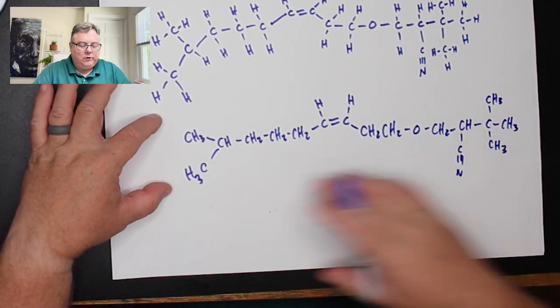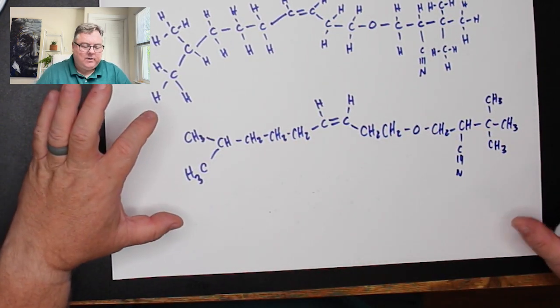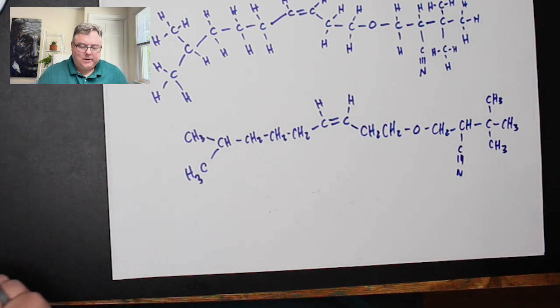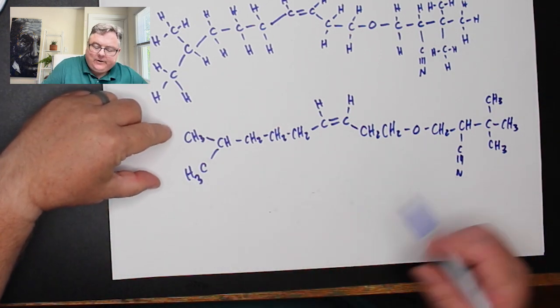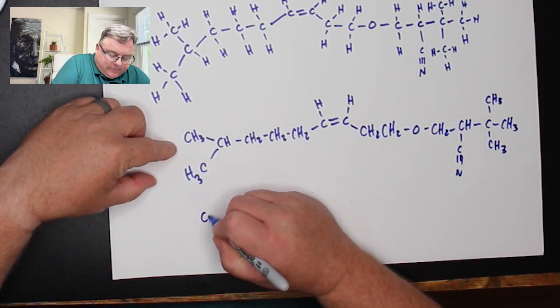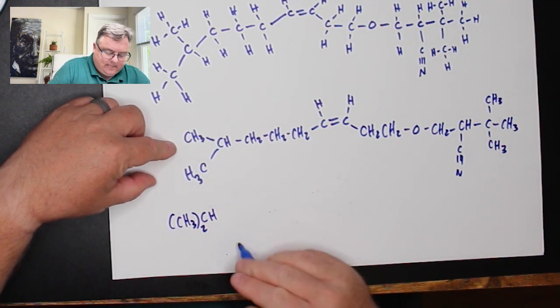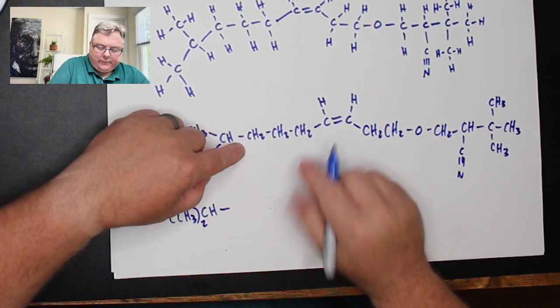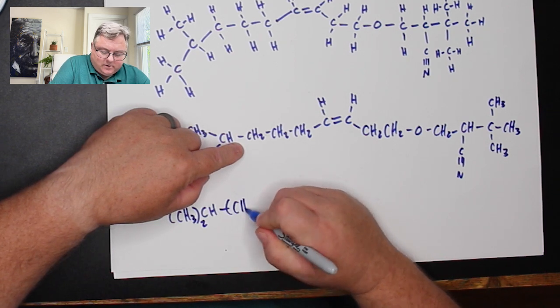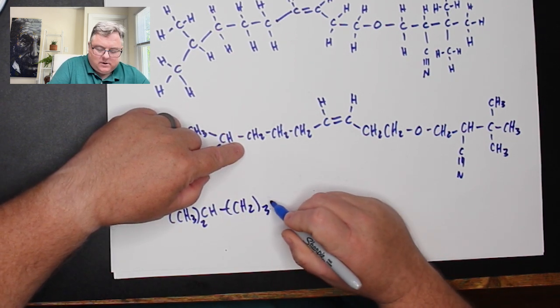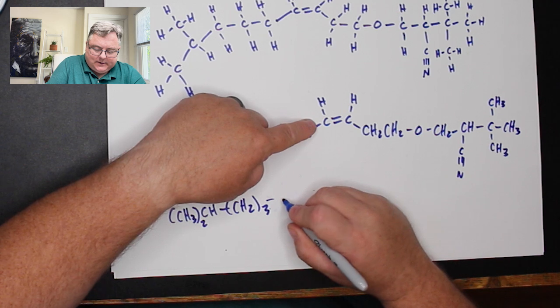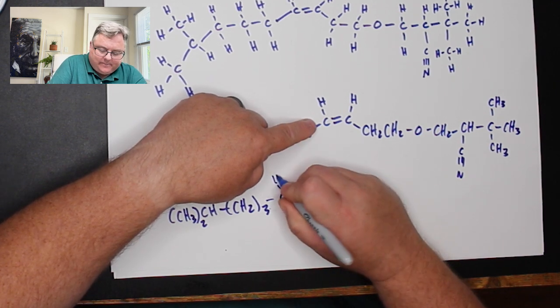So this one, you can see the carbon structure a little better without all of those hydrogens in the way. Now somebody could simplify this and say, well, this CH has 2 CH3s on it. And there's 3 CH2s in a row here, bonded to my double bond.